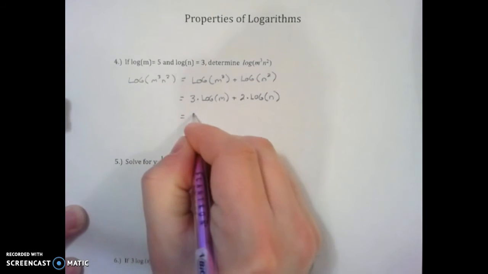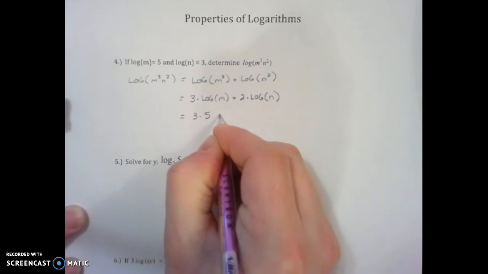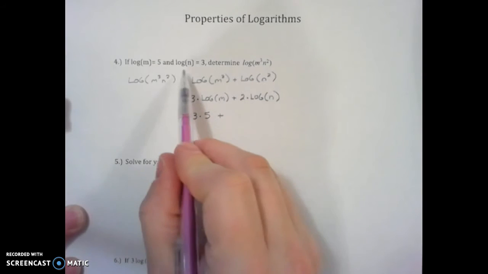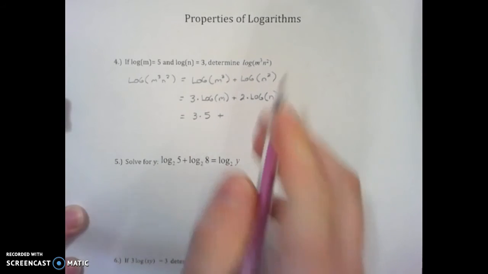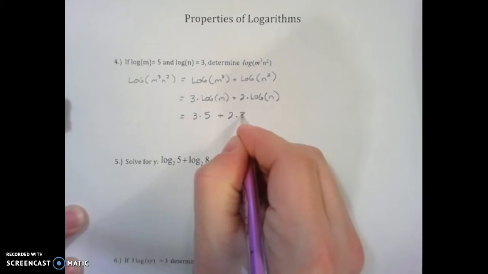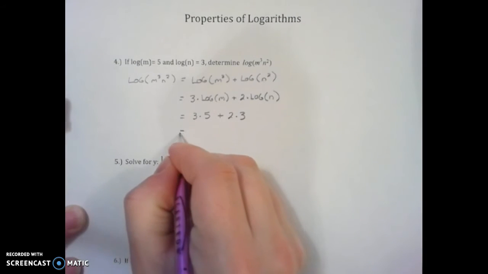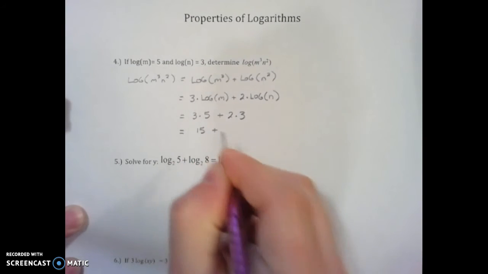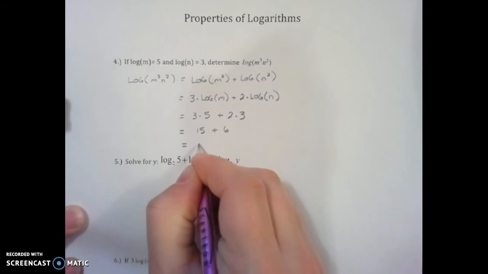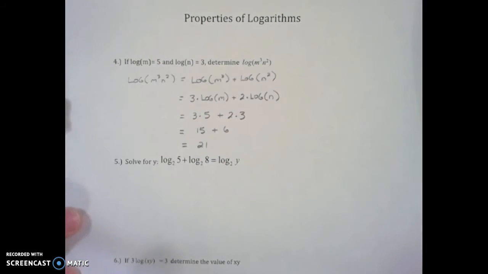This is equal to 3 times 5 plus, since I know log of n is equal to 3, this is equal to 2 times 3. And now this becomes an easy problem for me to do. 3 times 5 is 15, plus 2 times 3 is 6, and so I get a final answer of 21.